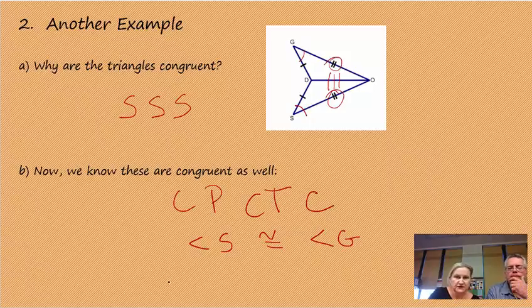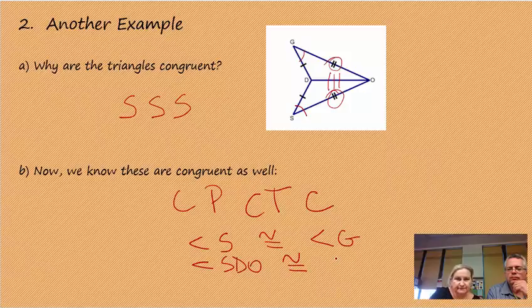I also know that angle SDO is congruent to angle GDO.